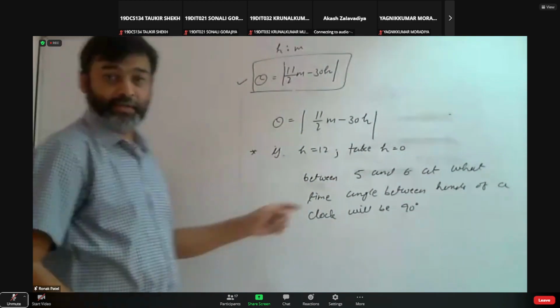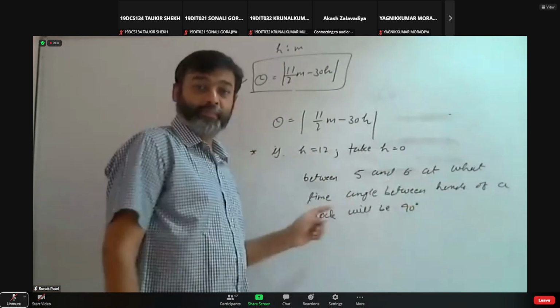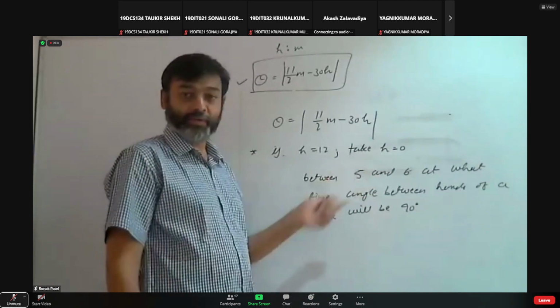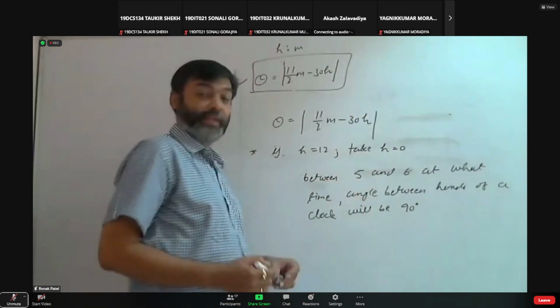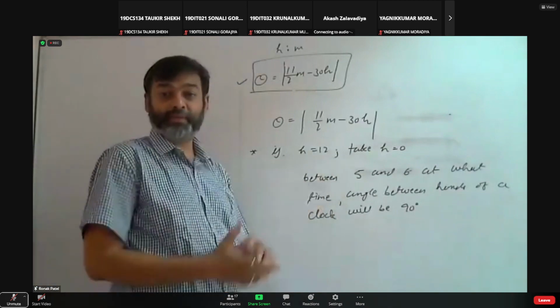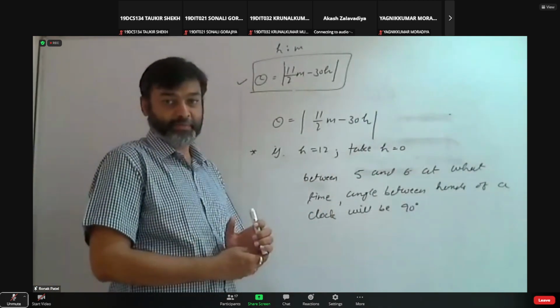The question is that between 5 and 6, at what time will the angle between the hands of a clock be 90 degrees? So this time you have to find out at what time this will happen, the angle will be 90 degrees.